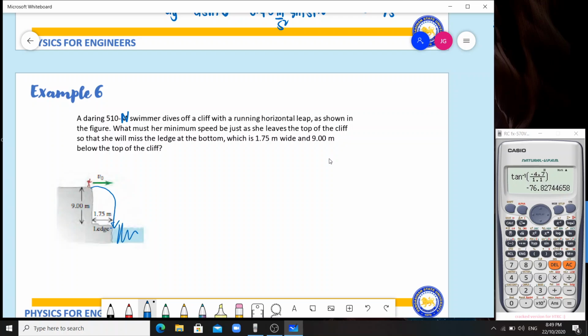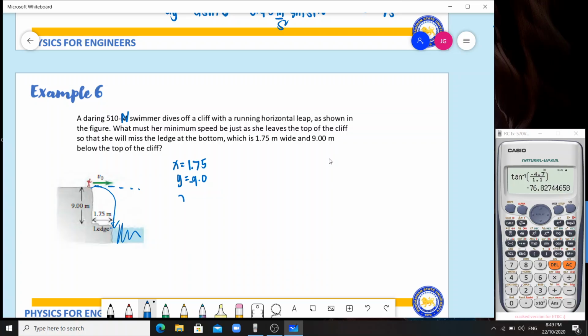Okay? Sa tubig. Now, meron tayong, syempre, x na 1.75. Yan ang goal natin. And a y na 9.0 meters. Okay, so kung dito ang datum natin, so ang y natin is negative 9. So may formula tayo dyan, di ba?